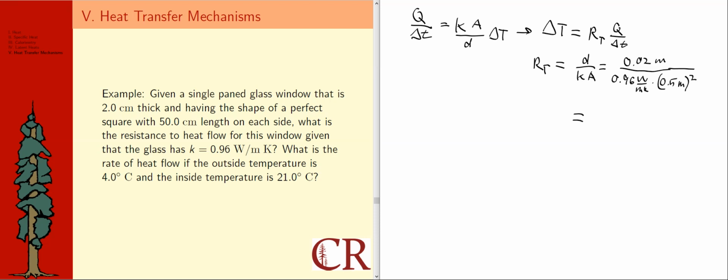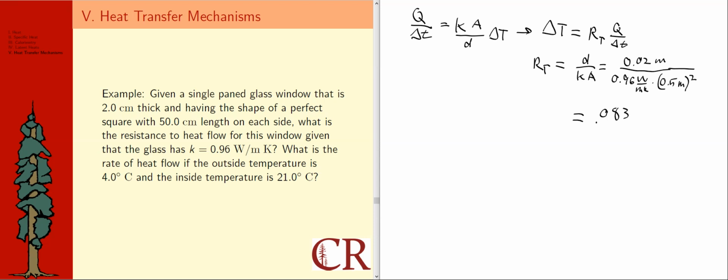If I put those numbers into my calculator, it says 0.08333 repeating. Maybe just 0.083 is good enough for what we're doing here.